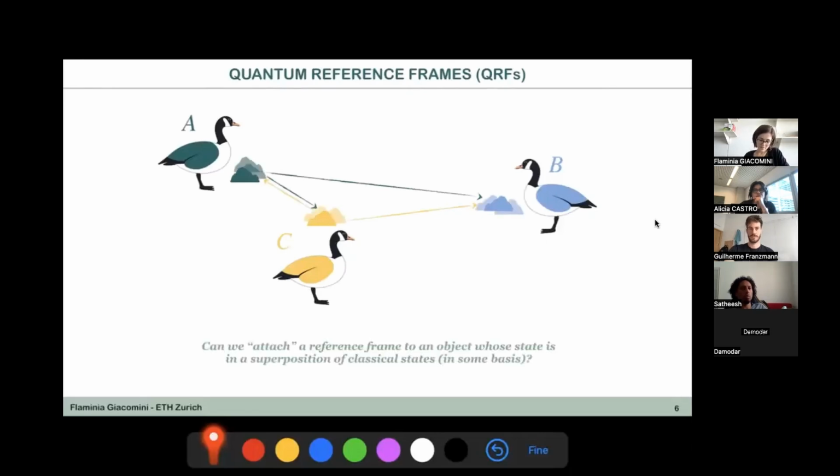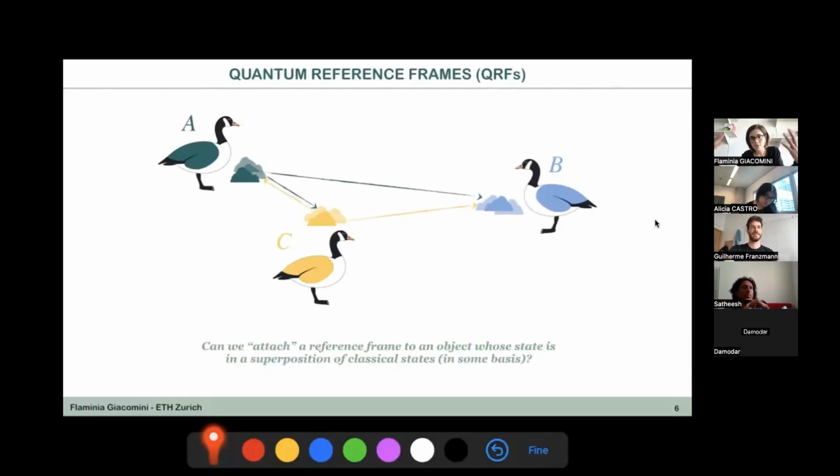Now, the question that I ask is, let us consider not a classical system, but a quantum system. What happens if these are not classical objects whose position is sharply defined, but a quantum state which has some uncertainty in position, velocity, or any basis?